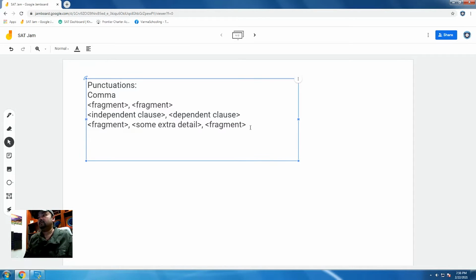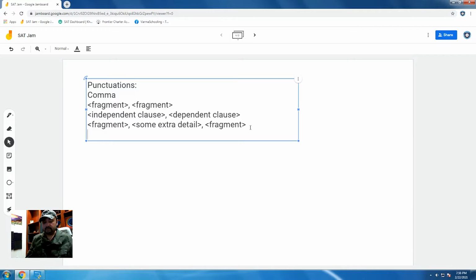Sometimes the comma can also come as a finisher. It would be like, and finisher. So again, it has to be a fragment. All of these are actually fragments. What is a fragment?